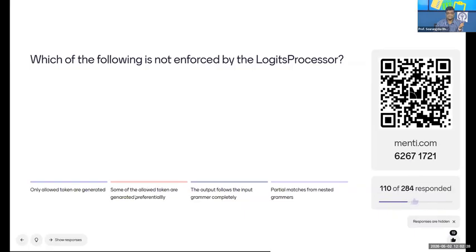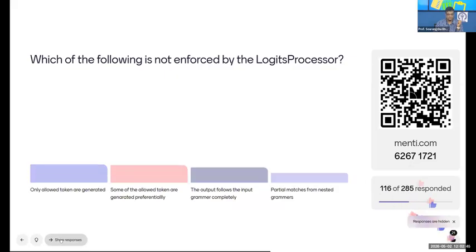Is this feature still allowed or not? Or is it that after applying the mask, all the tokens become equal probability, and of course only allowed tokens are generated? So let us see.